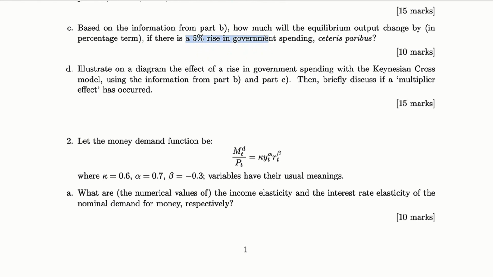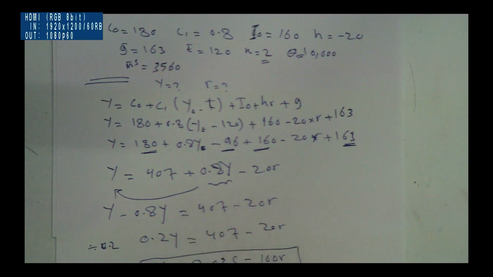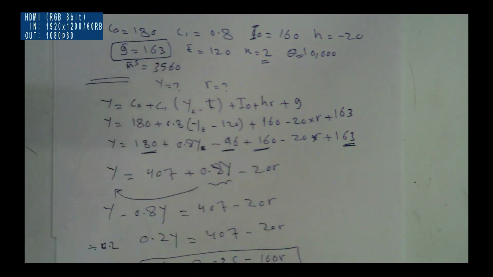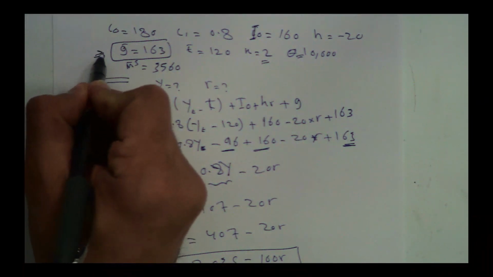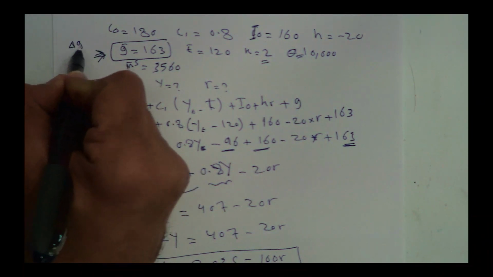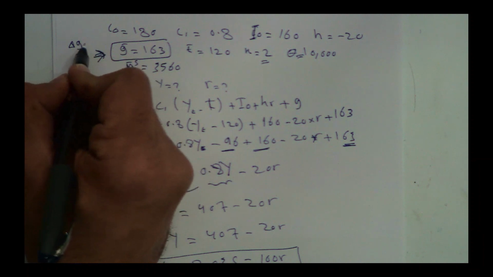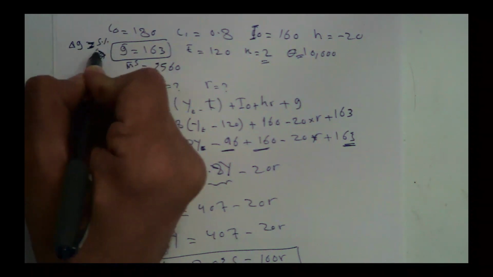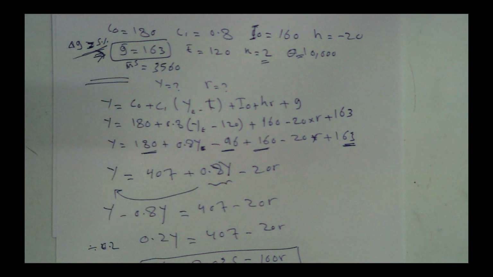So now we have a 5% change in government spending. So if we know how much that is, government spending was 163. Okay, so now this has changed by 5%. So how much is that 5% from this?